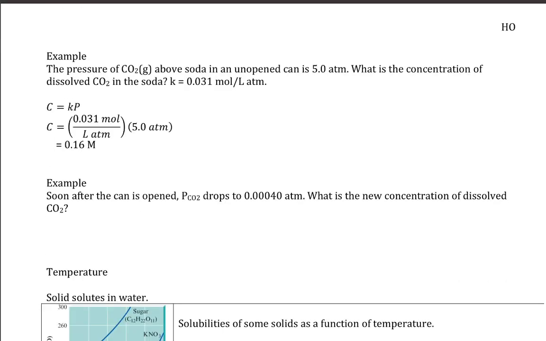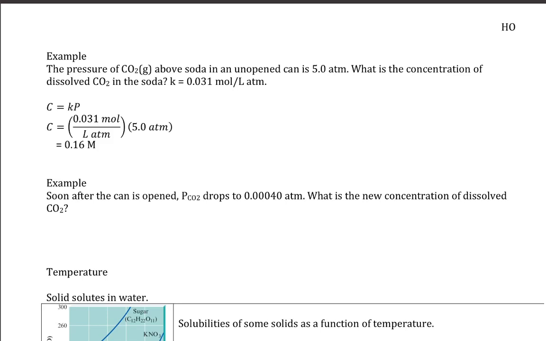The pressure of CO2 gas above the liquid in an unopened can of soda is 5.0 atmospheres. What is the concentration of dissolved CO2 in the soda? And the constant for CO2 dissolved in water is 0.031 moles per liter atmosphere.